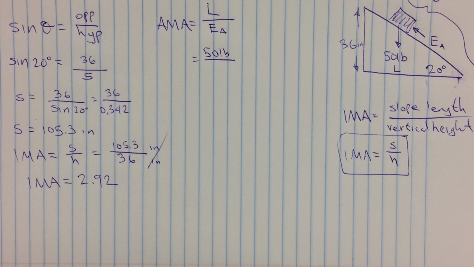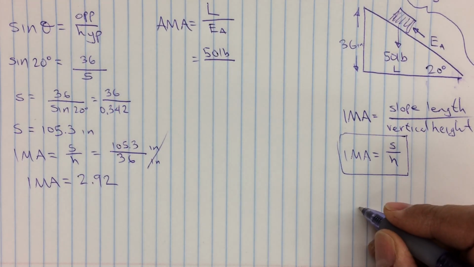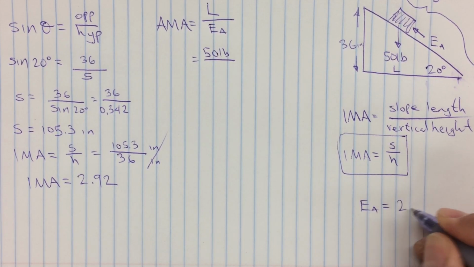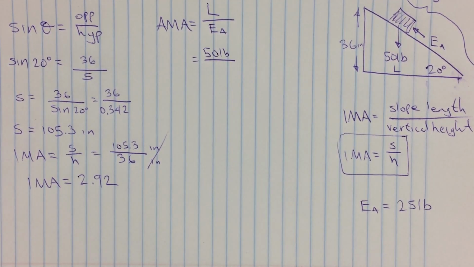So what is it going to feel like? Well, let's see. It's actually given that it's going to feel like it's 25 pounds. That's something that I didn't give you earlier. So EA is going to be 25 pounds.